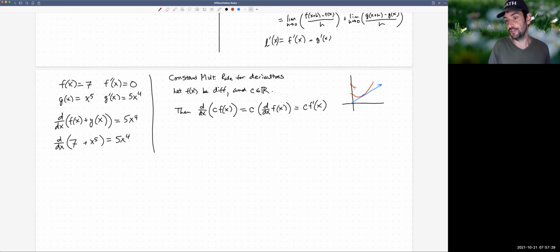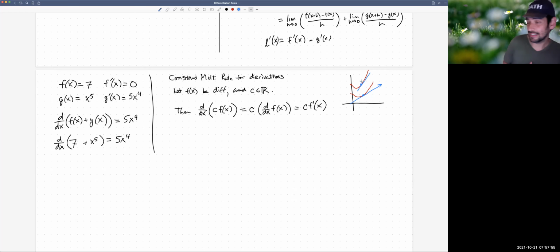And this new function gets stretched upward vertically. The tangent line at the same point is going to be steeper, right? How much steeper is how much I multiplied it by. Think about lines. If I take a function that's a line with a slope of 2, and I multiply that function by 3, its new slope is 6.